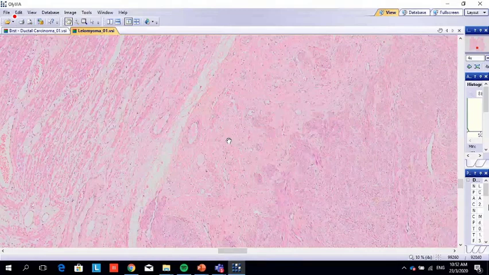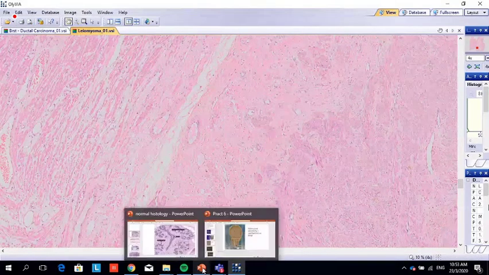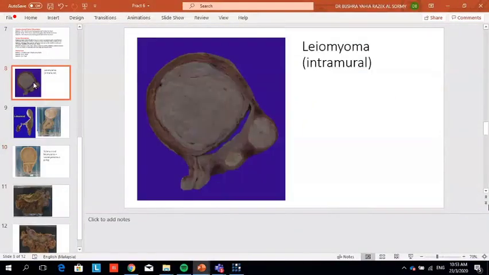Leiomyoma. If I show you this one, we still say leiomyoma. We say leiomyomata. Mata means many.